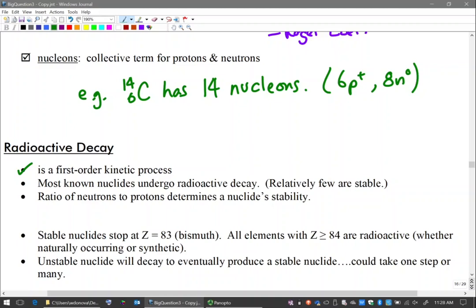There's enough stable ones to get by. The ratio of neutrons to protons determines a nuclide's stability. If the ratio of neutrons to protons is too high or too low, then the nuclide is going to be unstable, and it's going to radioactively decay to get to a better ratio of neutrons to protons.